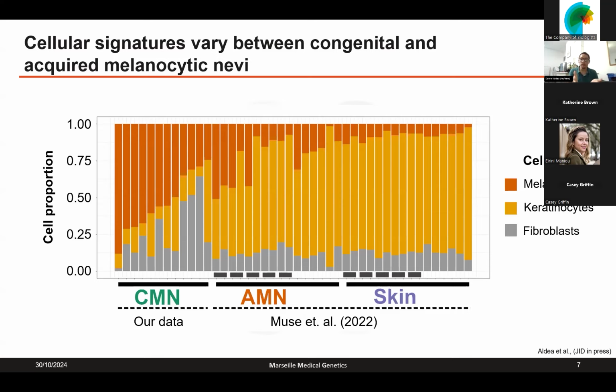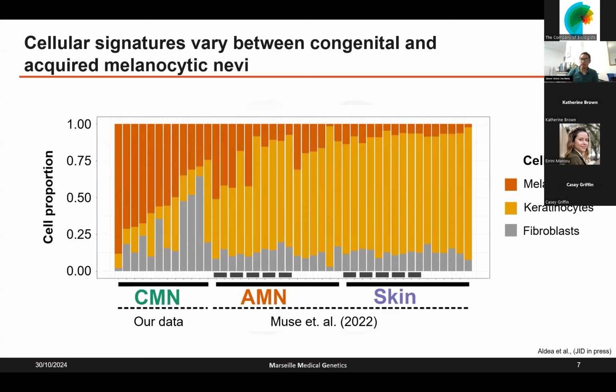So you can clearly observe that for the case overall, that's for the case of CMN, we observe more melanocytes, in orange, compared to AMN or compared to a control skin. You can also observe that there is a huge variability even within CMN samples in terms of the proportion of melanocytes that these samples have.